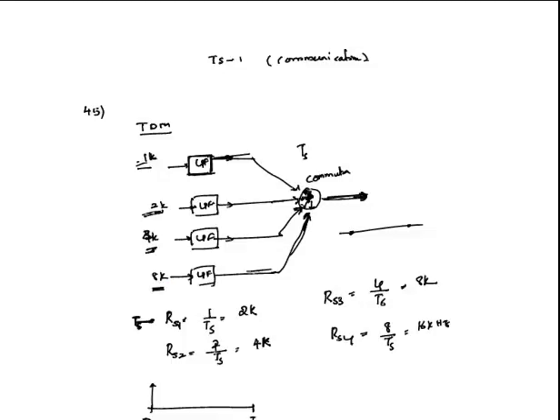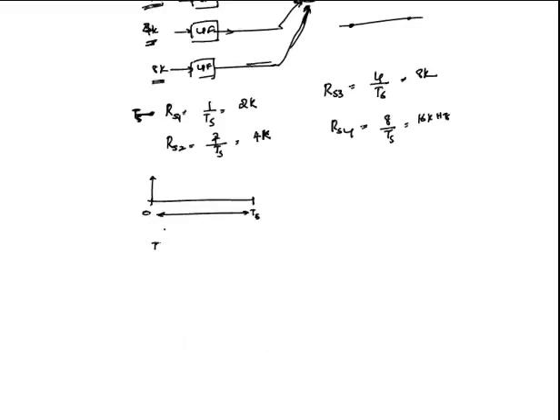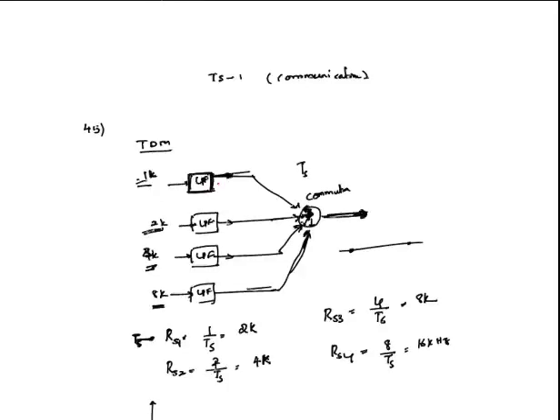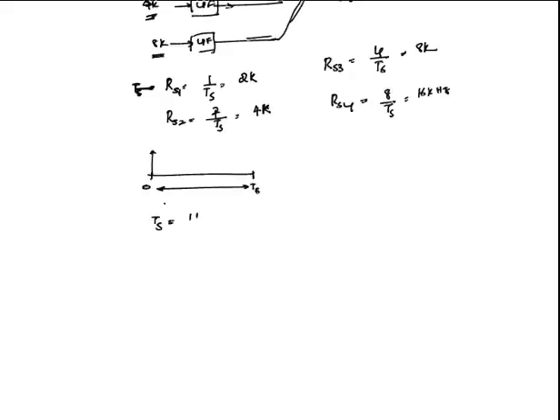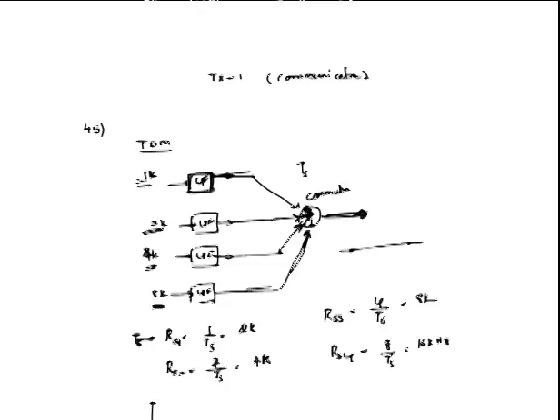So within a single interval Ts, you have a total of 1 plus 2 plus 4 plus 8, 15 samples. You have 15 samples in Ts seconds. And that should be the rate at which your commutator should switch between the channels.